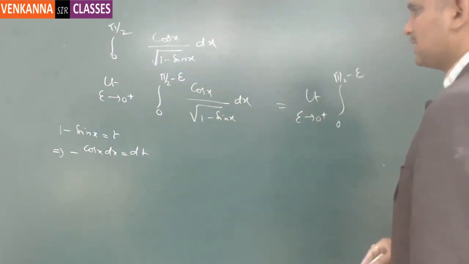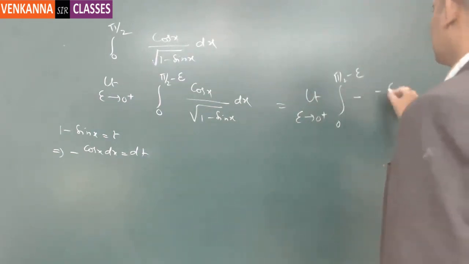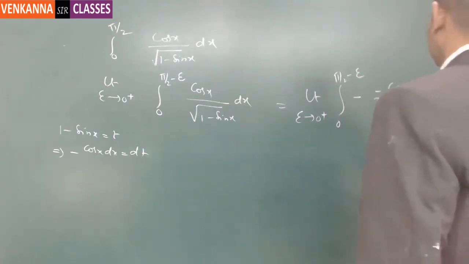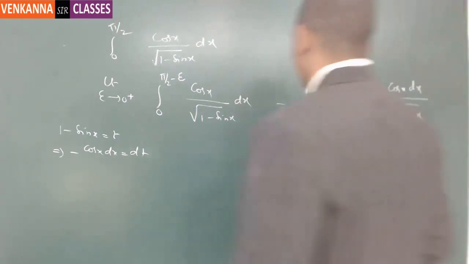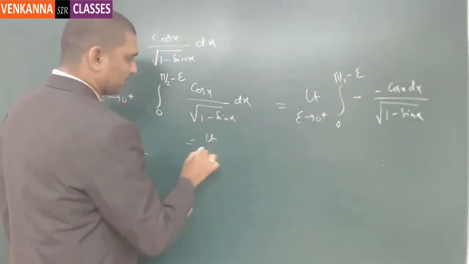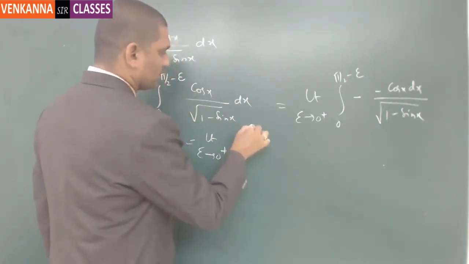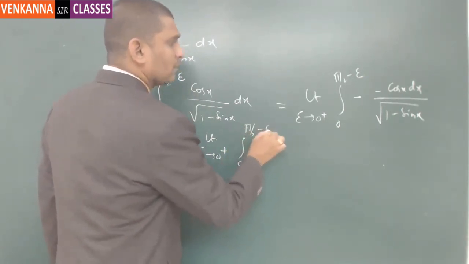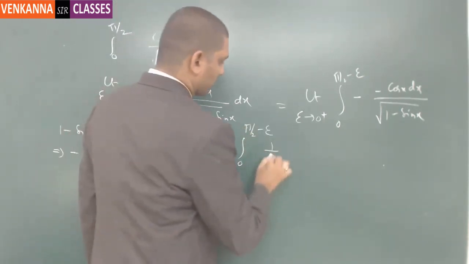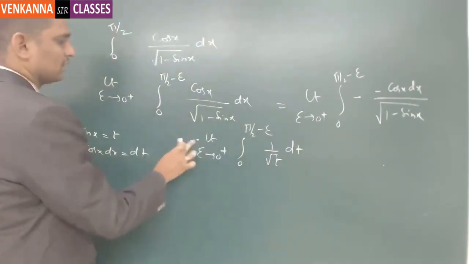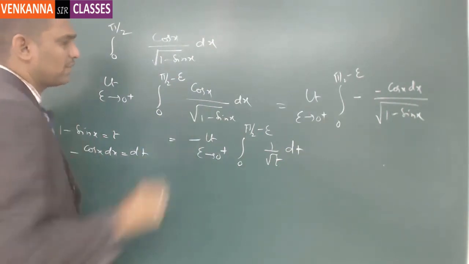Since you require minus cos x dx, one by root 2 dt, the minus comes out.